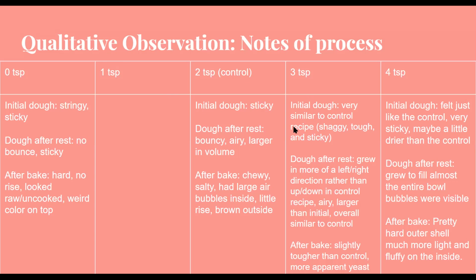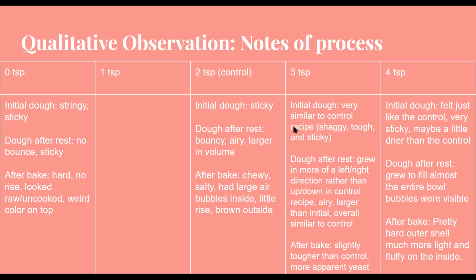For the 3 teaspoon experiment, the dough is very similar to the control. It was still sort of shaggy until it was worked together, and it was sticky in texture.